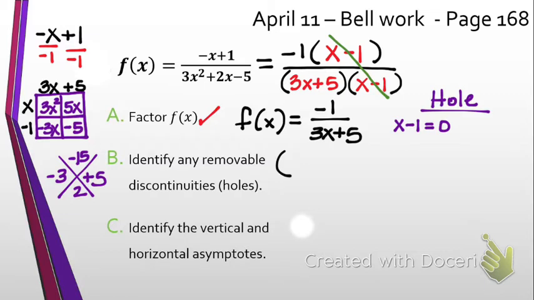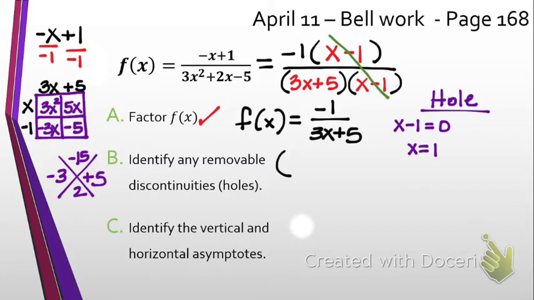If you can cancel something, we need to write that as an ordered pair. We need to find x and we need to find y. So take that x minus 1, set it equal to 0. And you should get x equals 1.